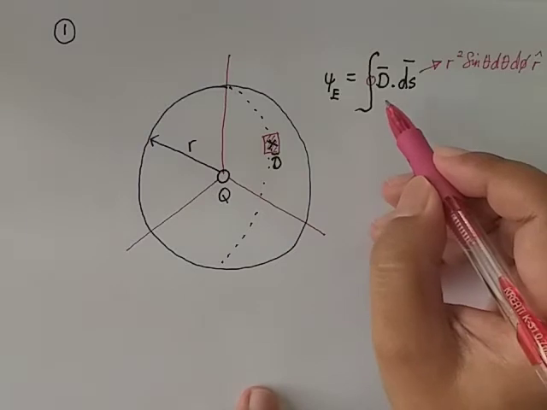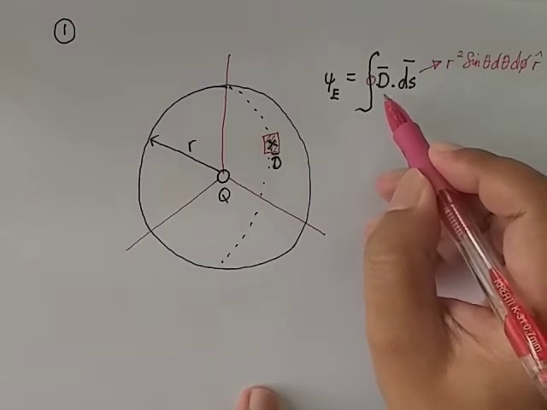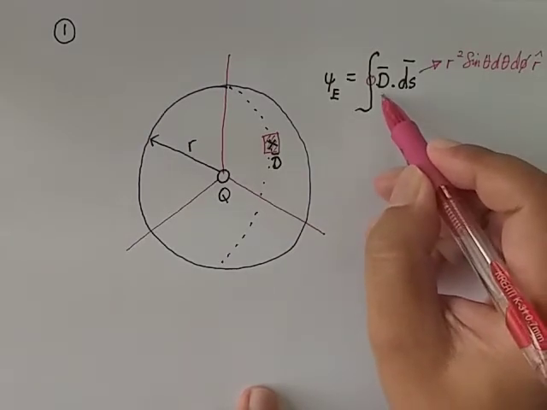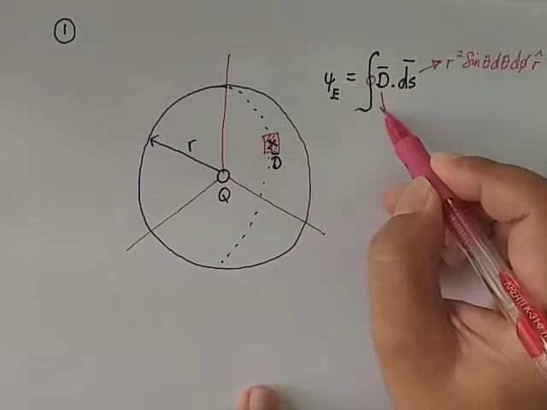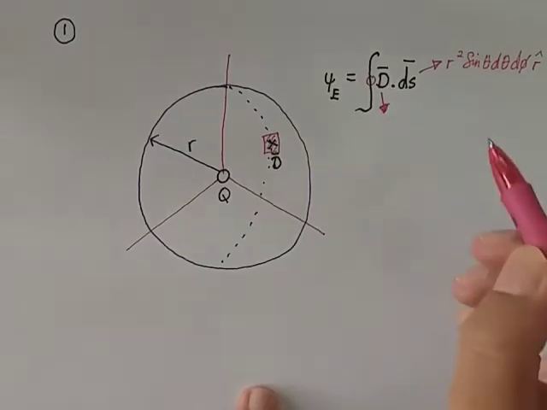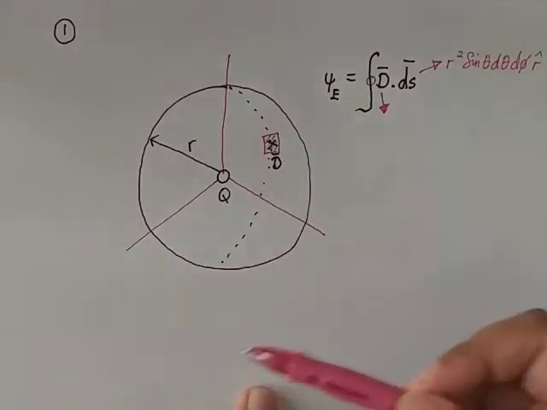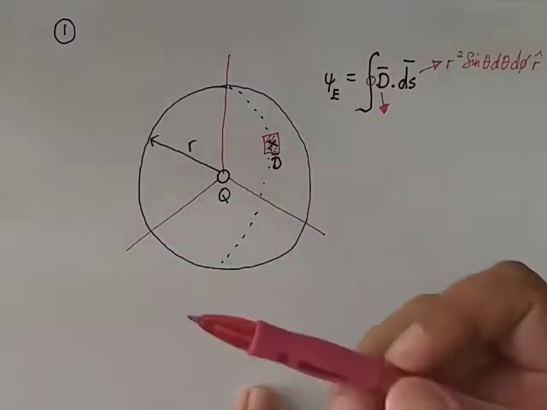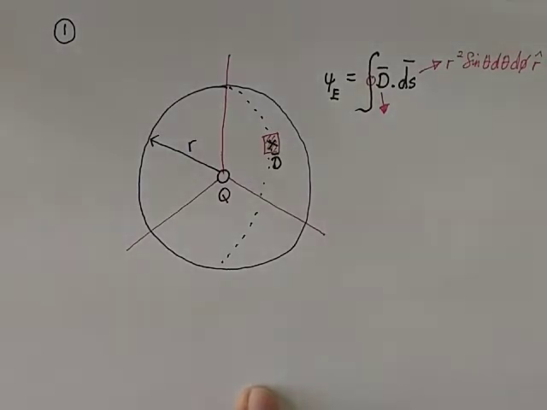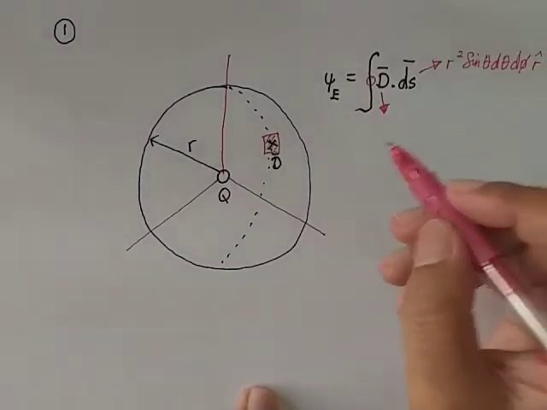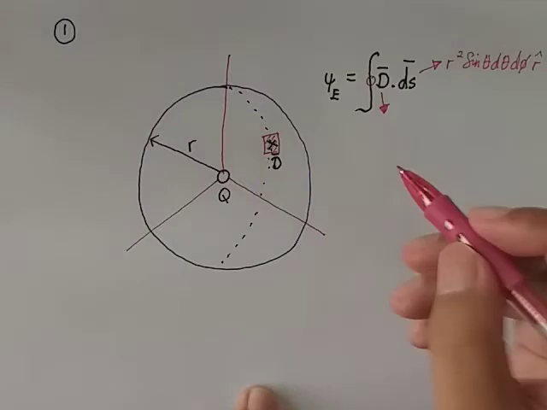So I do not know the D in a specific substitution. So since I do not know the specific substitution, I have to substitute with a general representation. So I'm going to ask myself again, okay, which coordinate system am I using for this particular application? So all of us agree, spherical. Therefore, I'm going to say to myself, I do not know the D to be in a specific way.